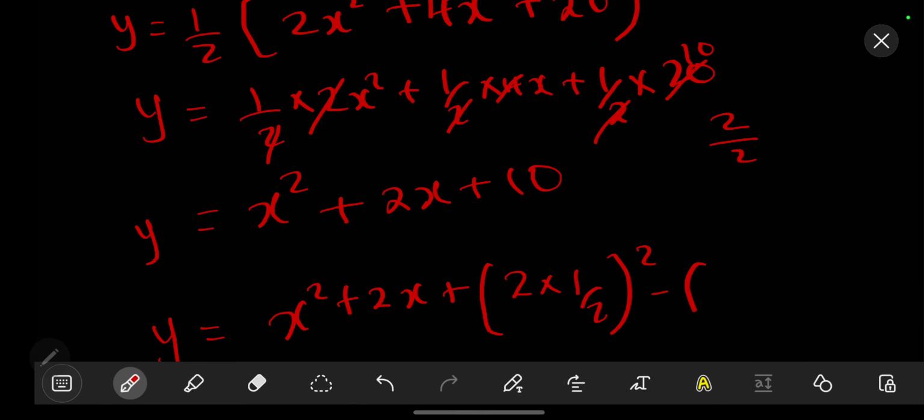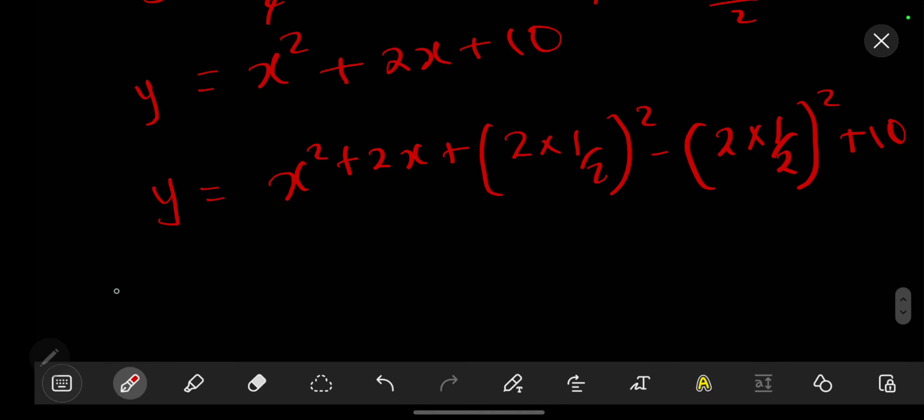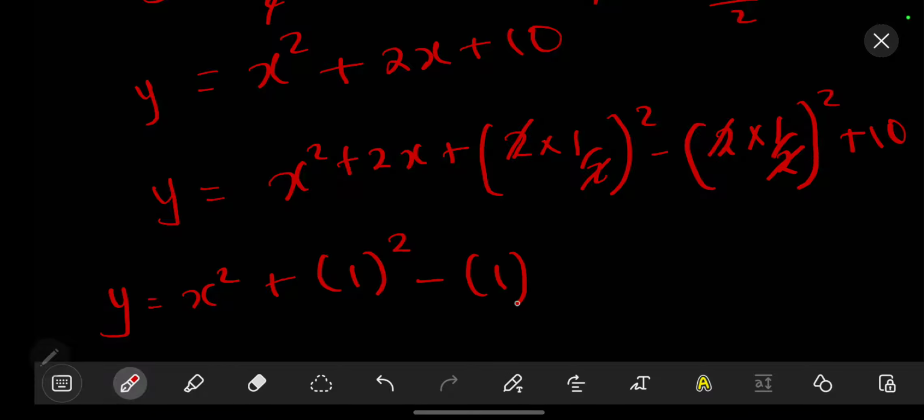Then we have minus the 2 times 1 over 2, you square this value, then we have our plus 10. So y should be equal to x squared, this 2 and this 2 goes, so we have plus 1 squared, then minus 1 squared plus our 10, like that.